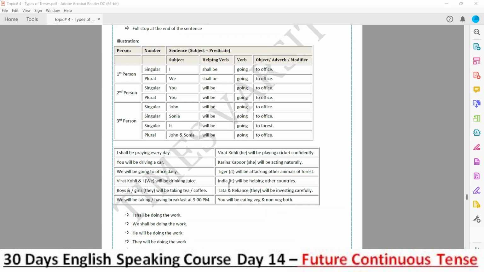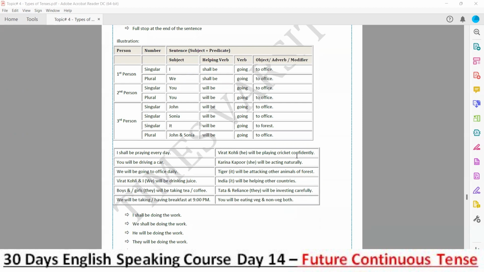Let's start with Faiz. Faiz, please read a few of these sentences and translate. Which one, sir? Virat Kohli? Yeah, the Virat Kohli one, and then Kareena and some more sentences. Virat Kohli will be playing cricket confidently. Virat Kohli cricket confidently खेलेगा. हाँ, yes, विराट कोहली कॉन्फिडेंस से खेलेगा.